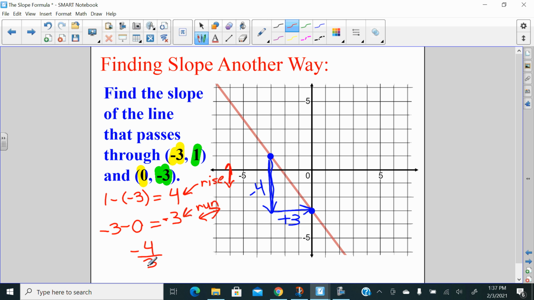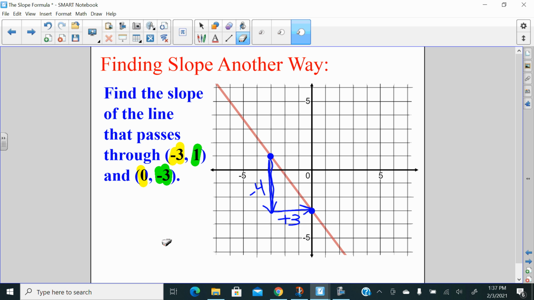The cool thing about this whole subtraction deal is it really doesn't matter the order you do it in. It just made sense the way that I had the problem written here to do the number on top minus the number on bottom.